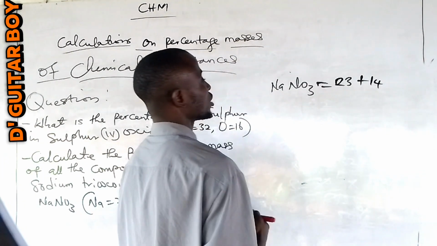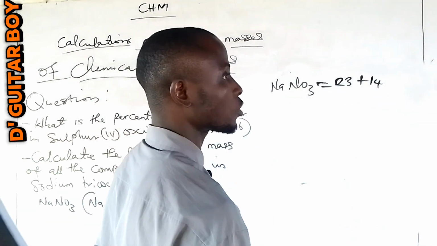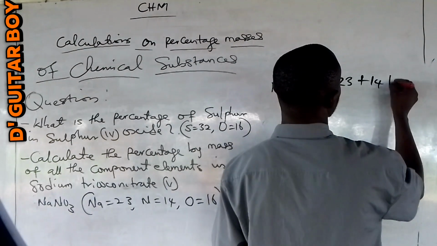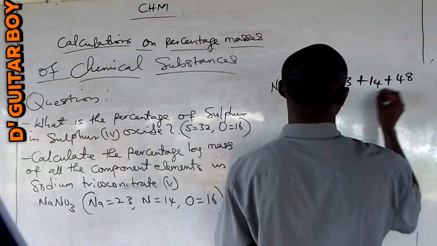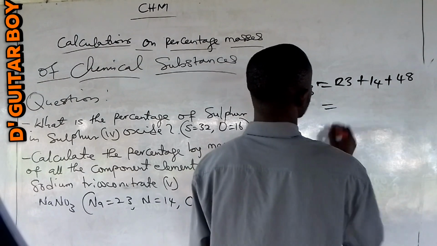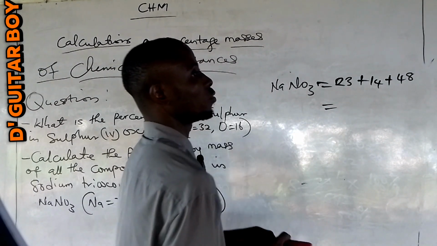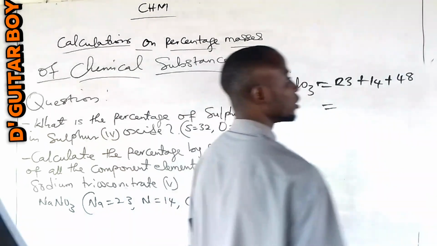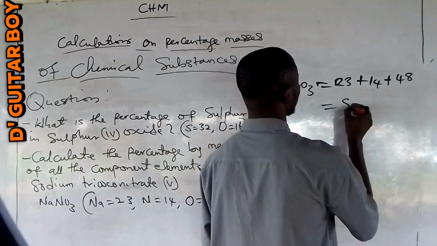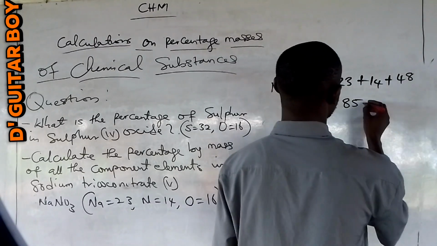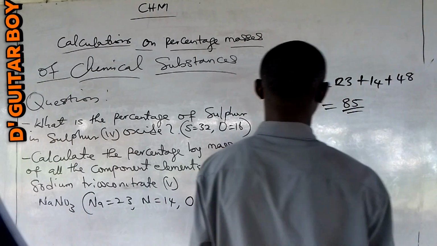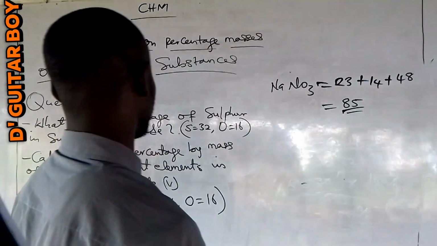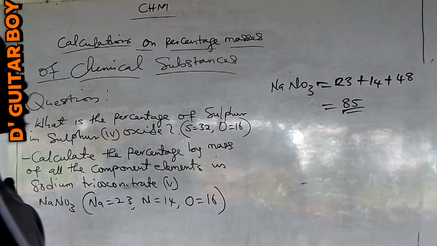That 3 oxygen will give us 48. So when you add everything together, you have 85. The relative mass of sodium trioxonitrate(V) is 85.